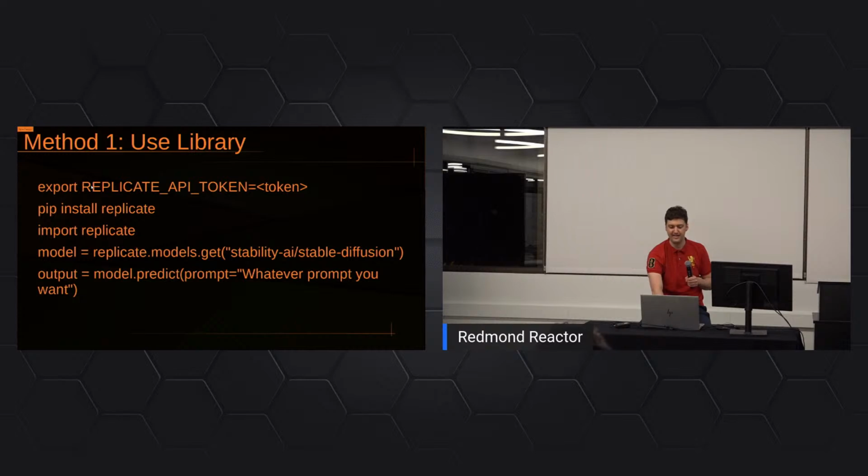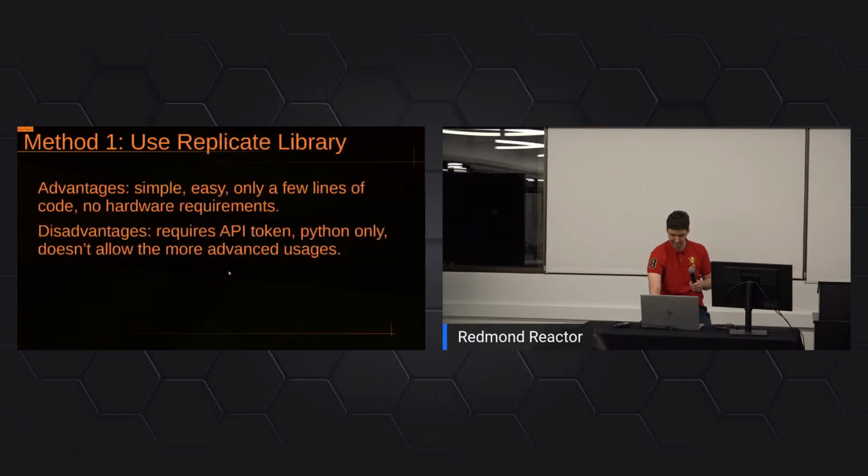We can just export this Replicate API token as our token. I'll show you my token in a second, and obviously I'll disable it after the talk, just as a demonstration. And then we just install Replicate. Import replicate, model equals replicate.models.get, and then the output is model.predict. So this is just very simple stuff.